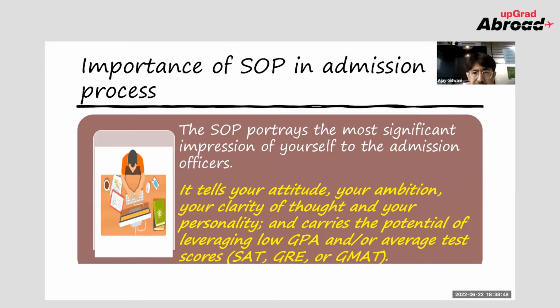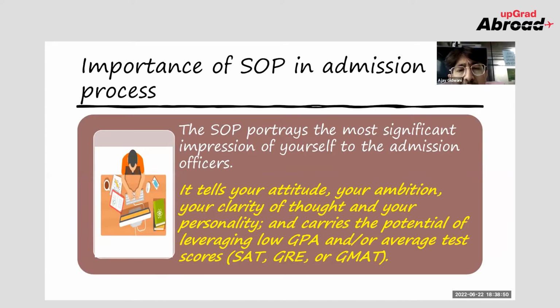So the SOP portrays the most significant impression of yourself to the admission officers. What does it tell? It tells your attitude, your ambition, your clarity of thought, and your personality, and carries the potential of offsetting a low GPA or average test score. Now, what do I mean by this? I'll give you a classical example. Let's assume that University of Arizona has a minimum percentage criterion of 60%.